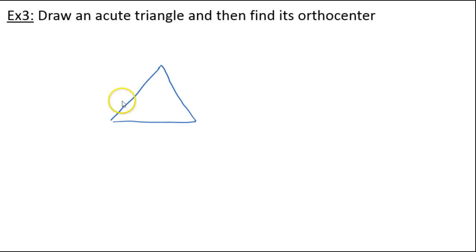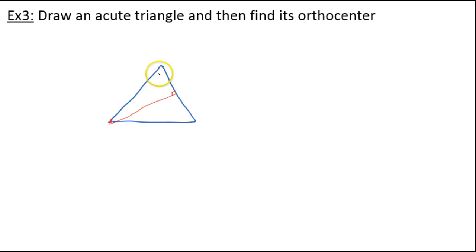If it's from the vertex to the opposite side and it has to be perpendicular, that means my segment from this point here to here should be perpendicular. So it doesn't necessarily have to be the midway or the midpoint. It just has to be perpendicular. And again, perpendicular creates a 90-degree angle to our opposite side.